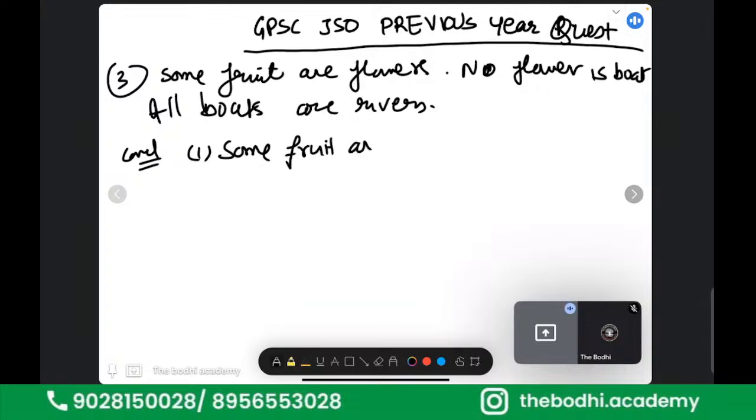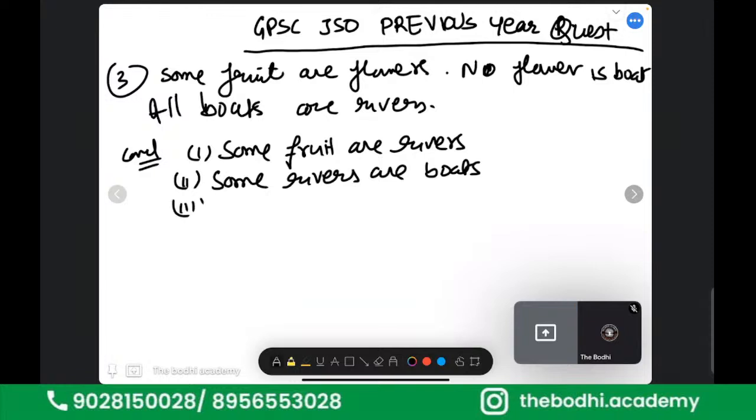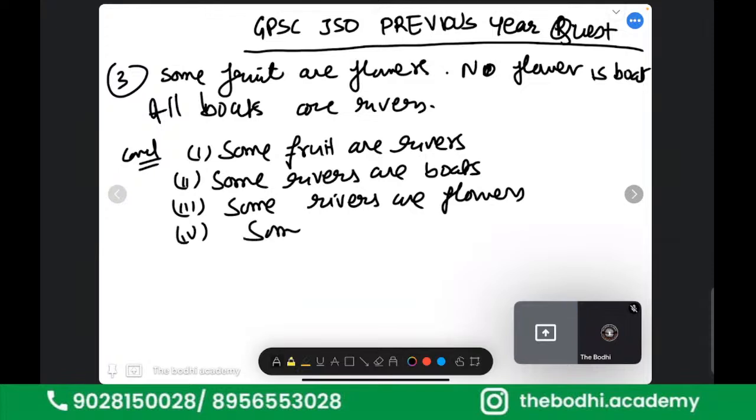First conclusion is some fruits are rivers. Second, some rivers are boats. Third, some rivers are flowers. And fourth, some flowers are fruits.